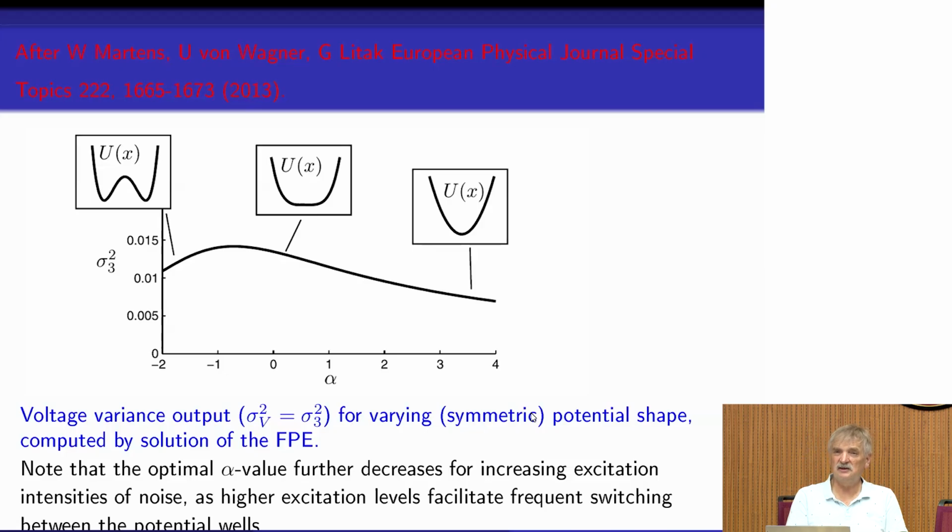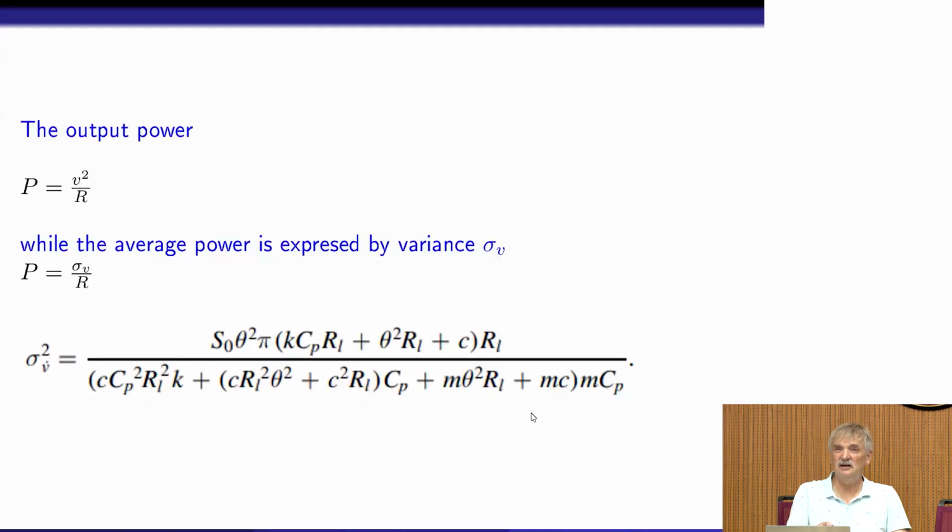The level of noise is given by the variance of the stochastic force. So this is known, and in the previous transparency, you can see that S0 is the level of noise, and the power is proportional to this level of noise.